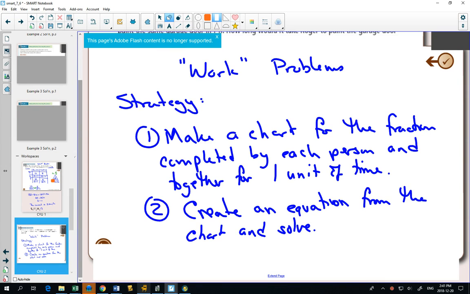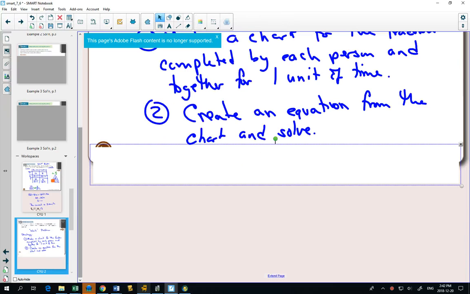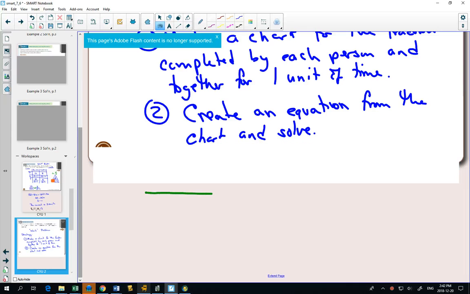So what does this chart look like? You create a chart for the fraction completed by each person and together for 1 unit of time. So the chart in this case will look like this. We've got time. We're going to have 1 unit of time.